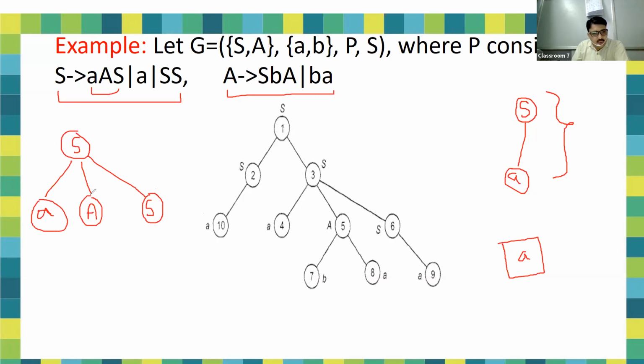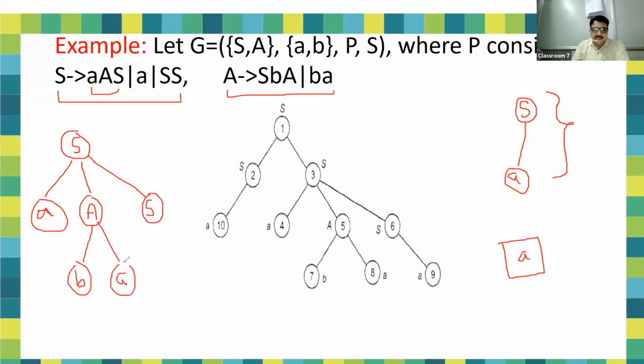Now there are two variables here, A and S. In place of this A, it can be extended by using the production rule for A. Now the A productions are SBA or BA. Suppose you place BA here.